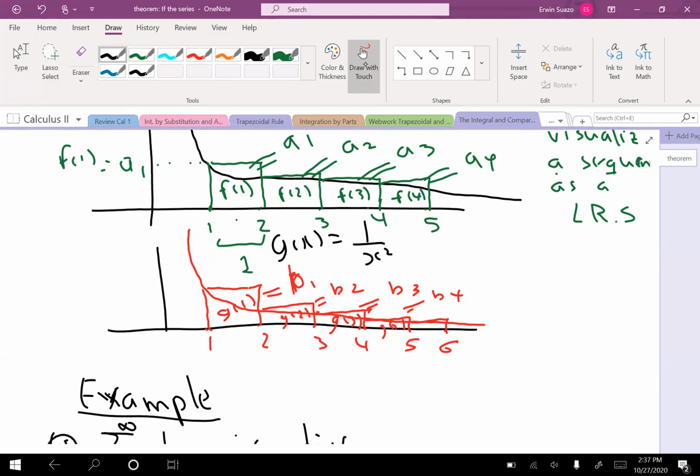In that sense, you see that if the integral of the function is less than infinity, then the series must be convergent. So probably the book does it with the left Riemann sum, but we could do it with the right-hand sum, and then it will be clearer that it's convergent. And so this is the integral test.